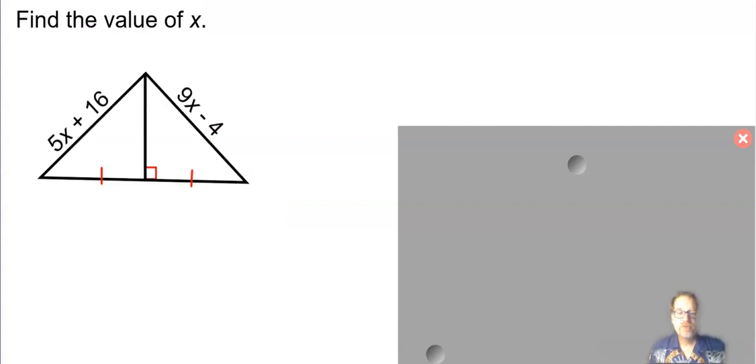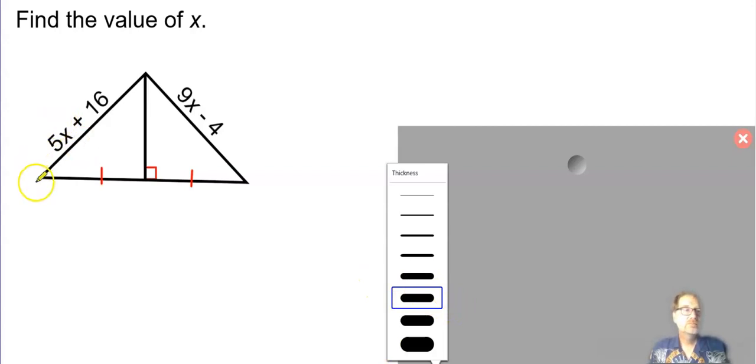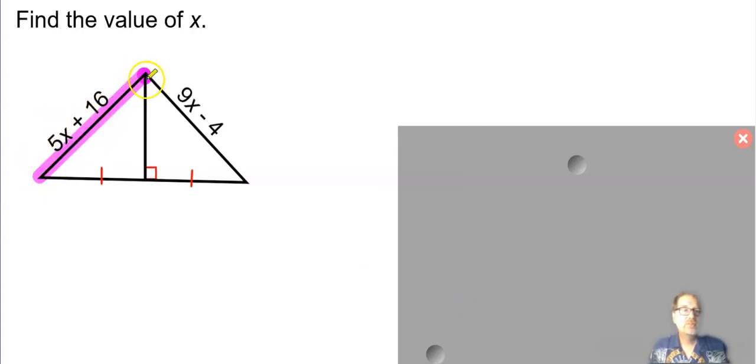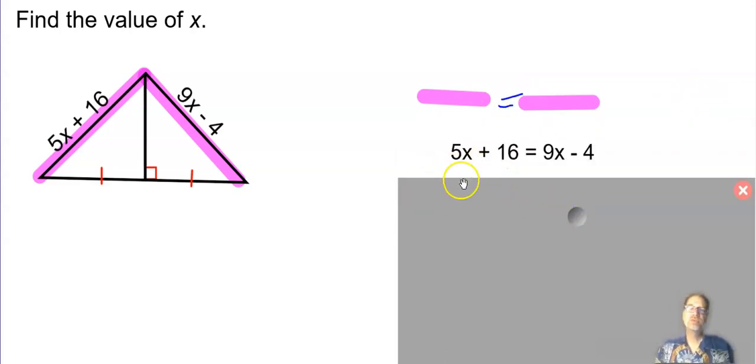If we want to find the value of x here, because we have a perpendicular bisector, I know these two sides have to be the same. So we know magenta has to equal magenta. And if we make magenta equal magenta, we know 5x plus 16 equals 9x minus 4.